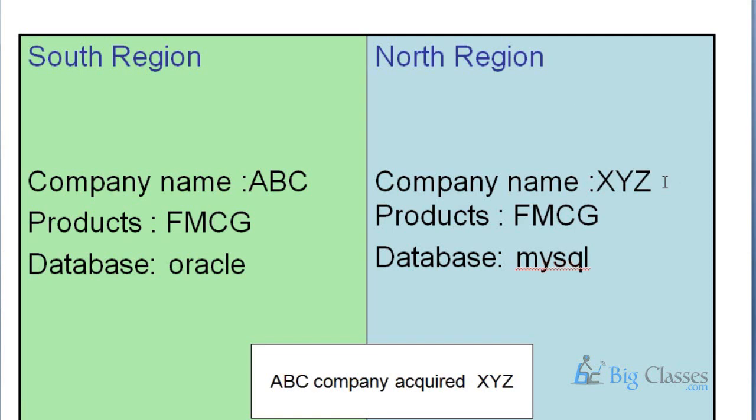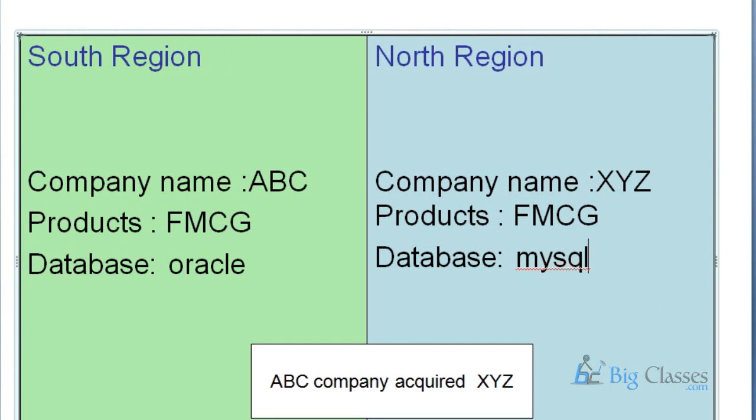Rather than starting a new company, if I can acquire a company in the North region, I can start my business from day one itself. So I acquired a company in the North region. The company was XYZ, it also deals with FMCG, and it is using MySQL as its database.